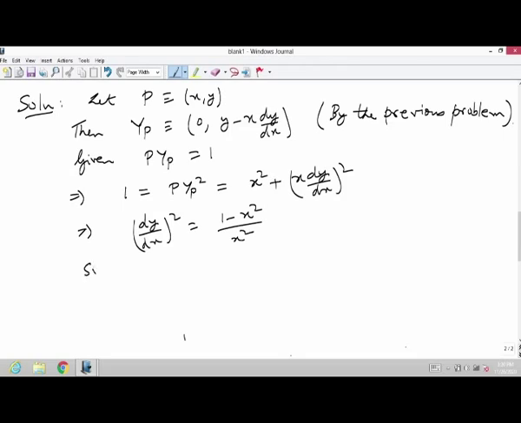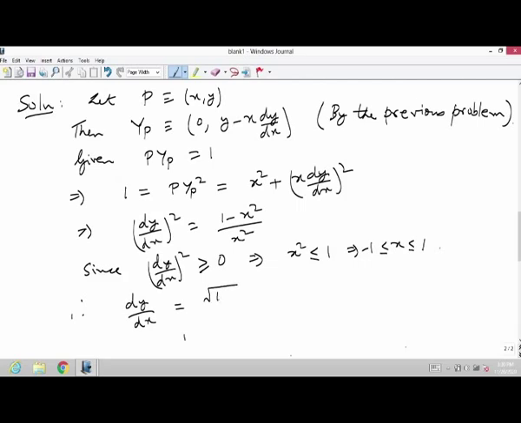Now, since we have square of dy dx, this has to be bigger than or equal to 0. This implies that x square must be less than or equal to 1, which means that x has to be between minus 1 and 1. So, therefore, we will get that dy dx at any point on the curve is equal to square root of 1 minus x square divided by x, with plus or minus signs.